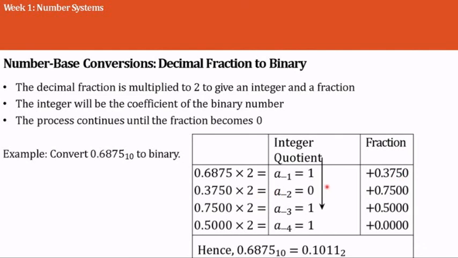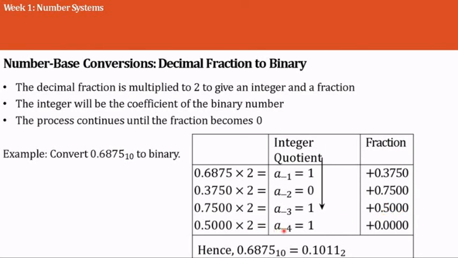That gives 0 with a fraction of 0.7500. The 0.7500 again will be multiplied by 2, and that is equal to 1 with a fraction of 0.500. And this will be multiplied by 2 again.